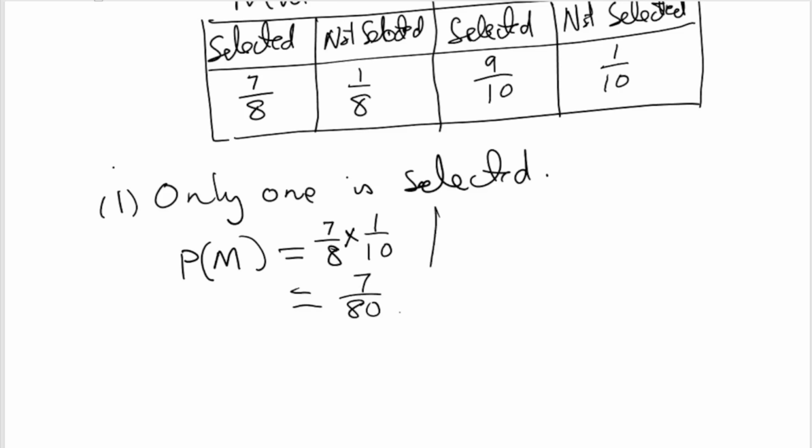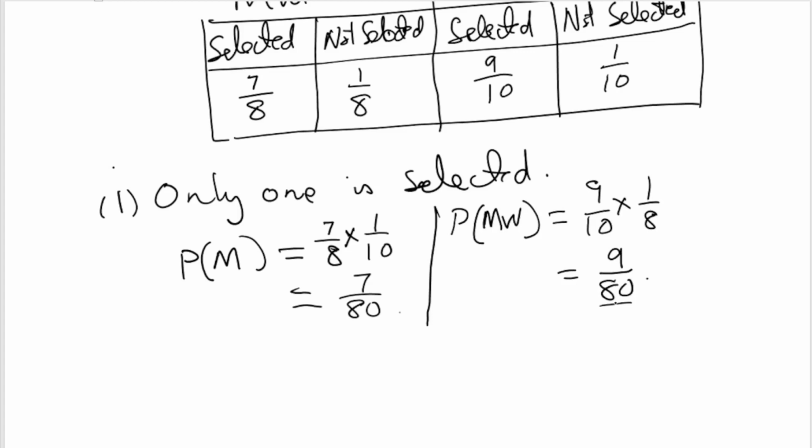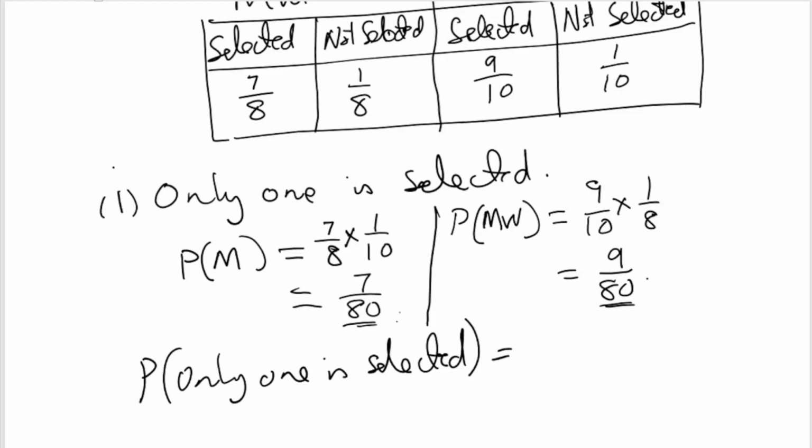Now, if it is Mwambi who has been selected, then the probability will be 9 over 10 multiplied by 1 over 8, which gives us 9 over 80. These are the probabilities. So to find the probability that only one is selected, we just add these two probabilities, 7 over 80 plus 9 over 80.